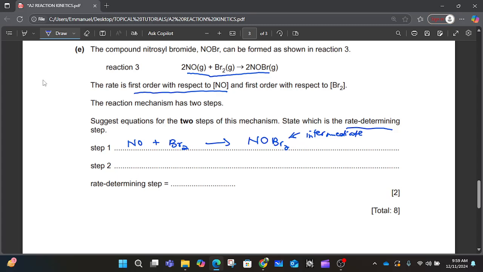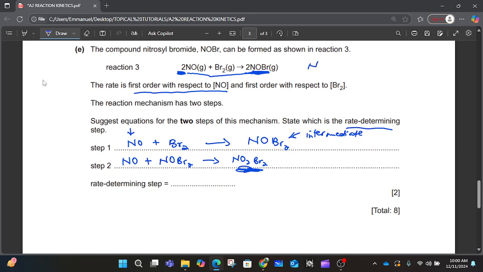And we can also see that from the starting reaction, there are two moles of NO, but so far we have used only one mole. So that means we can use the second mole of NO plus the intermediate NOBr2 to give a product, and our product is going to be NO2Br2.